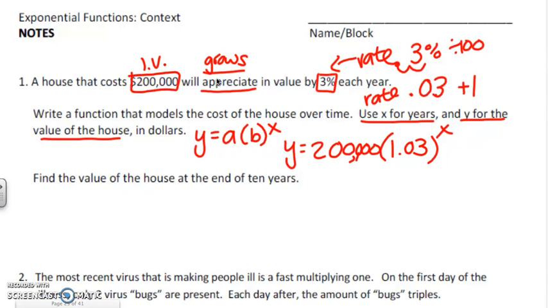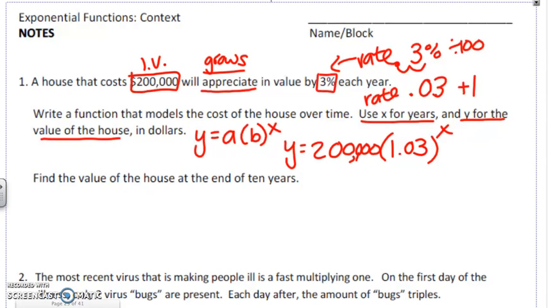The reason I add 1 is if it's growing, I need that number in the middle to be bigger than 1. Okay? So once you have your equation, then you need to figure out how much was the house after 10 years. And so I'm going to substitute in now. So I would have y equals 200,000, 1.03, and you're going to plug in 10 right there.